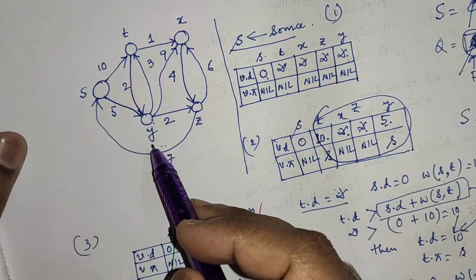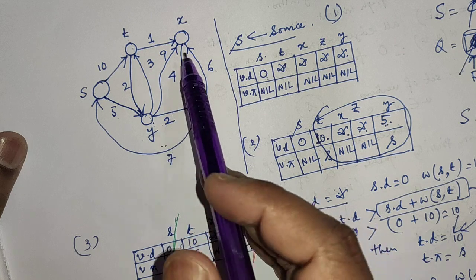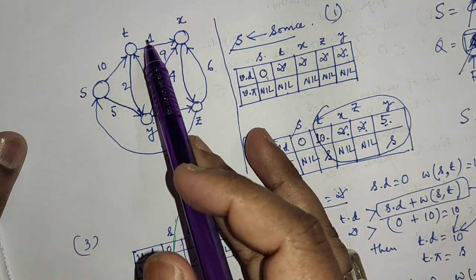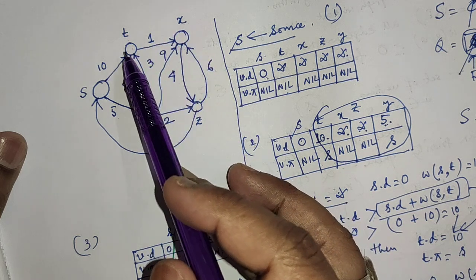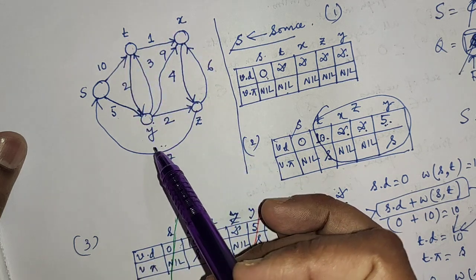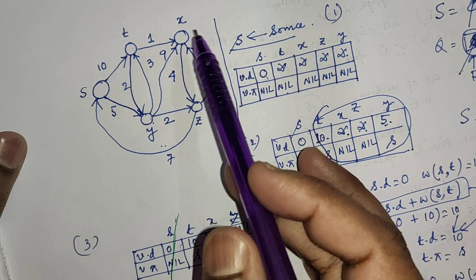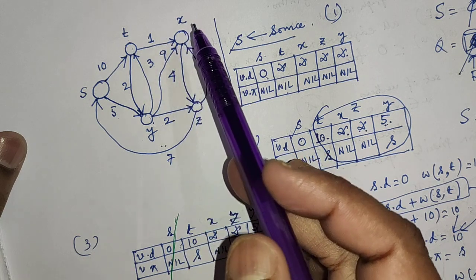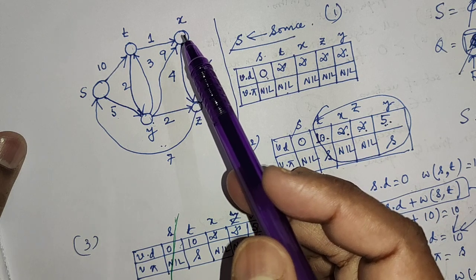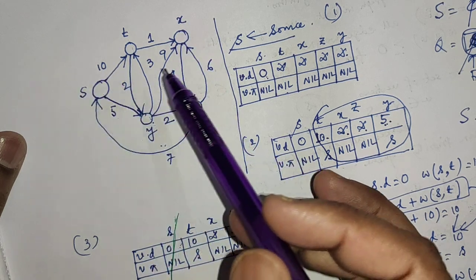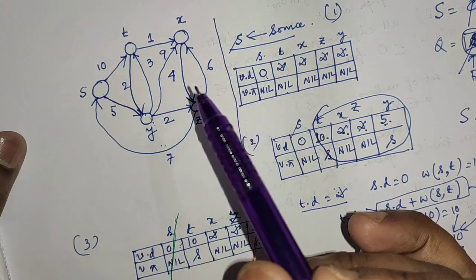Once y completes its execution, you have the remaining 3 vertices. Y will not come into the picture. After completion of the task of y, among these 3, based on the selection criteria, you will take any one of these 3 and explore it. Once this completes its execution, it will be in the resulting set and take the remaining.